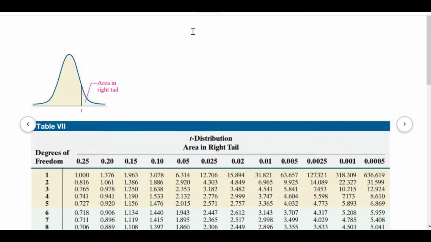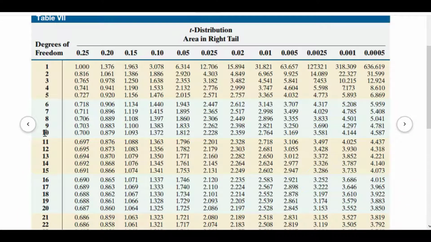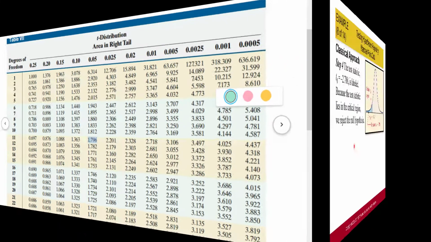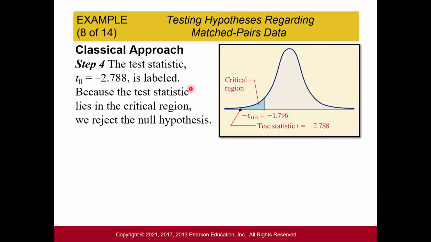So on our t-distribution table here, we're going to go down to 11 degrees of freedom, and we want alpha to be 0.05, which is here. And so we have 1.796, but if we put a minus sign, that's why we got negative 1.796. So then we analyze this, comparing our test statistic to our critical value.